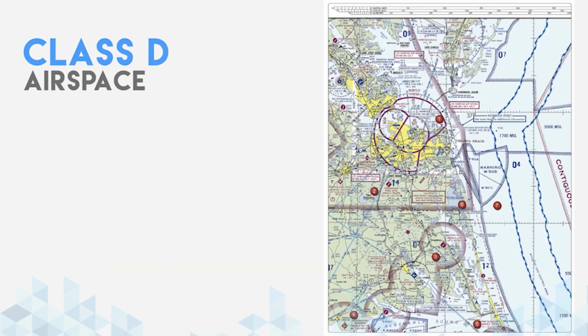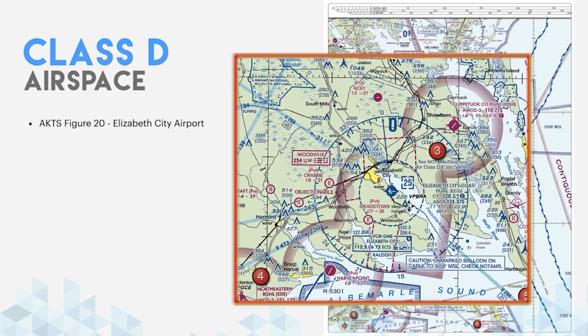Now you may actually see this image on your Remote Pilot Knowledge test as it comes right from the test supplement. Let's look at the Class D airspace over the Elizabeth City Airport. The dashed blue line tells us that it's Class D airspace. The number 25 in the box tells us that the delta extends from the surface to 2,500 feet above ground level.